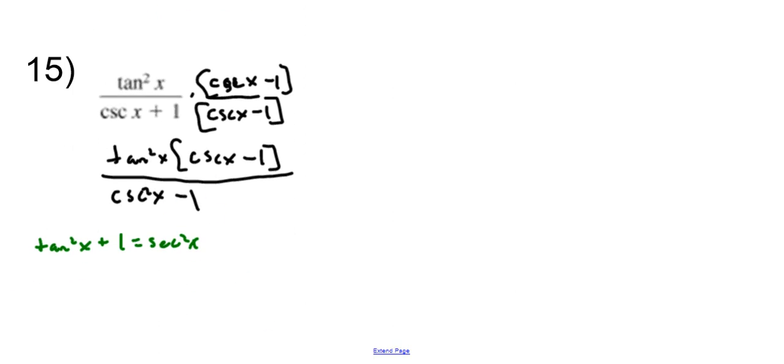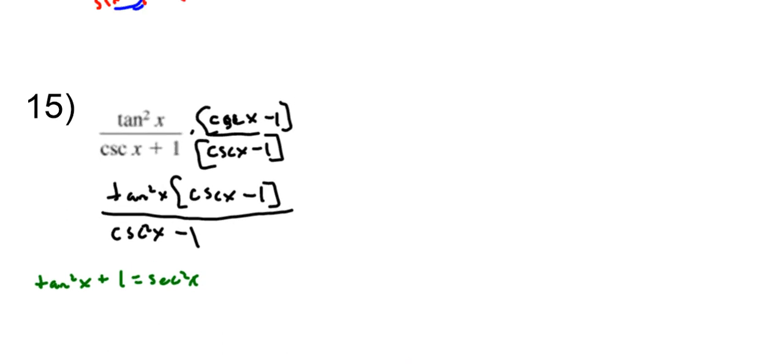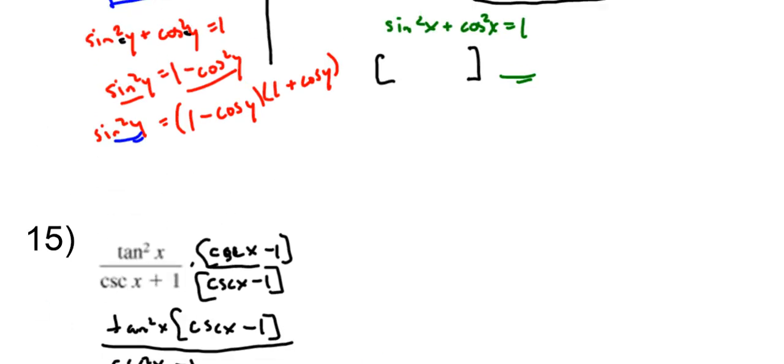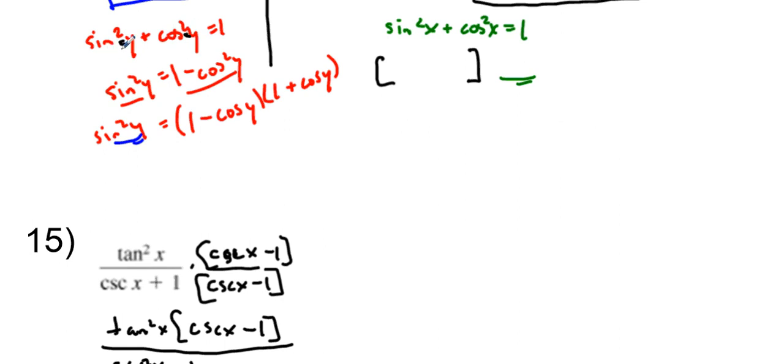Now, with that, we have another fundamental trig identity, and we can find it by dividing. Up here, if you recall, I divided by cosine. I'm going to divide this whole thing by sine.